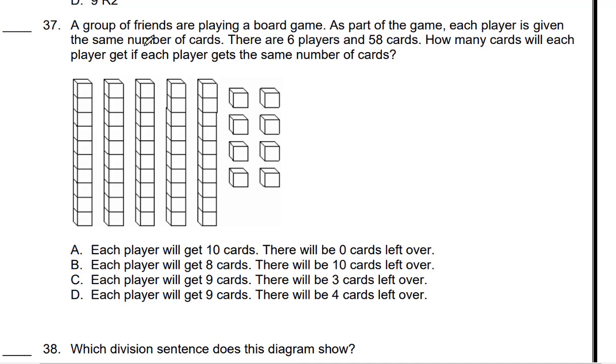Ibrahim Zamami. Yes, I'm here. Okay, Ibrahim, go ahead. A group of friends are playing a board game. As part of the game, each player is given the same number of cards.